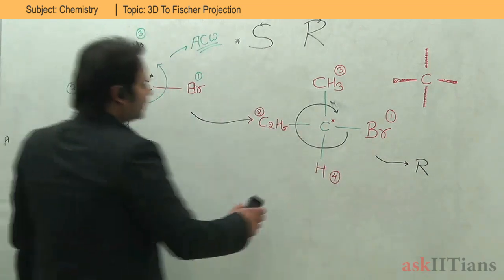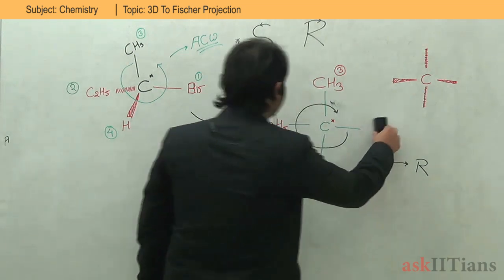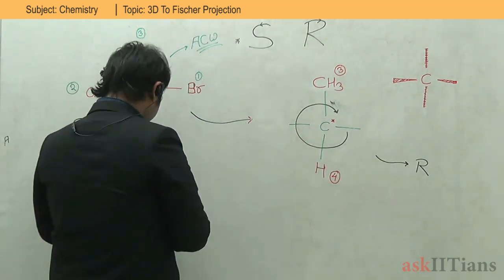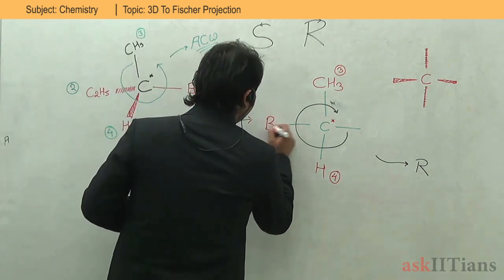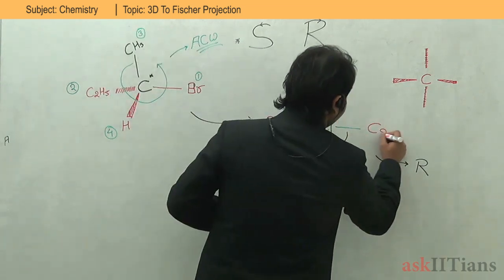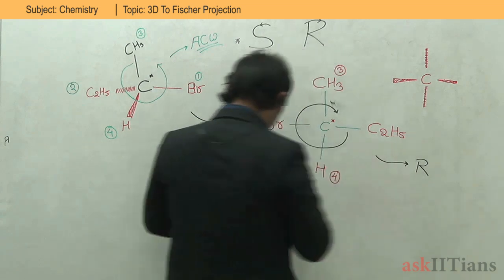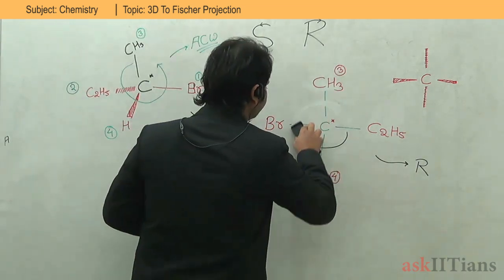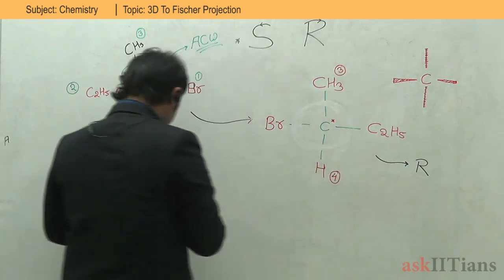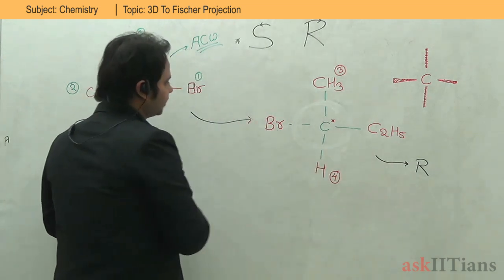Now for this one, fine, if I am going to change the position of Br over here and C2H5 over here, can I get the same configuration? Look at this one. Now define the position and tell me whether that is giving you the same configuration or not.